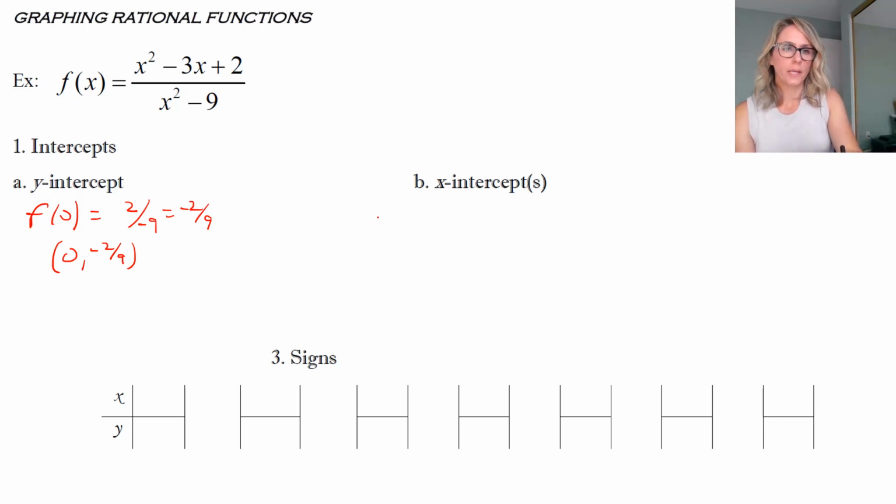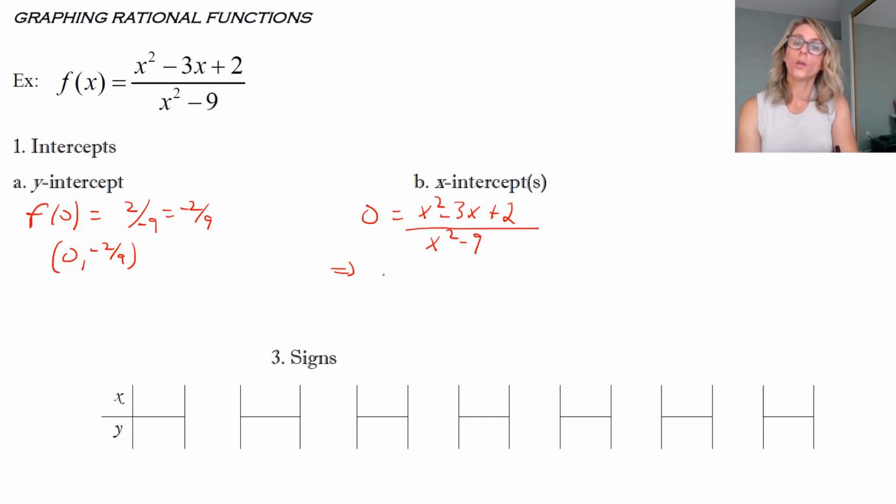For the x-intercepts, it is the same idea. You let the function be equal to 0 or let y equal 0 and find out the values that make that true. What we really want to remember here is that when you have a fraction equaling 0, the only time a fraction can equal 0 is when the numerator equals 0. So we take the numerator, we set it equal to 0. If a numerator is 0 and denominator is anything else, 0 divided by anything else besides 0, is going to give you 0. And that's an okay number.